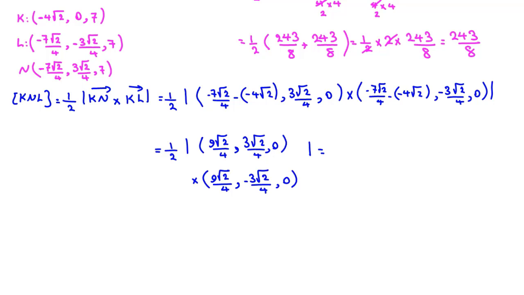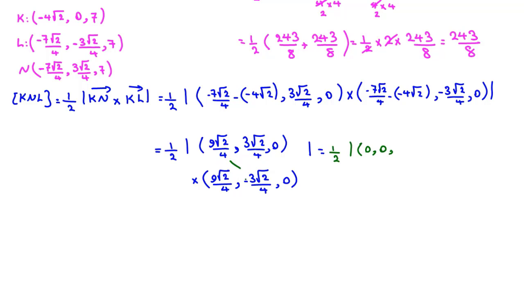Okay, if we calculate this, x coordinate 0, y coordinate 0, and z coordinate, it will be this times this minus this times this.